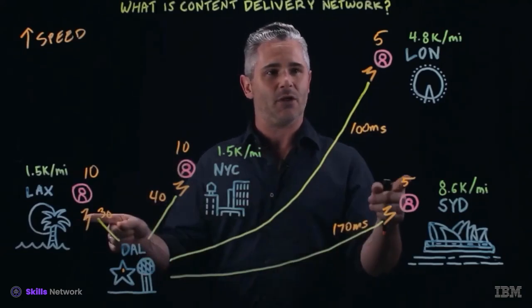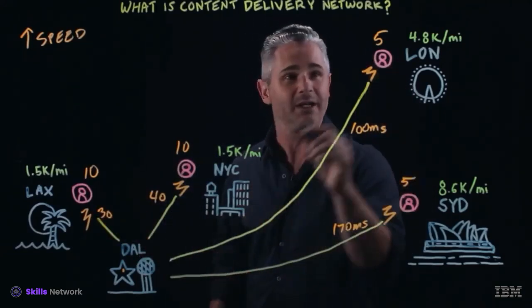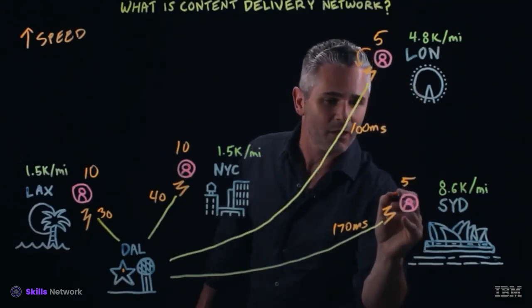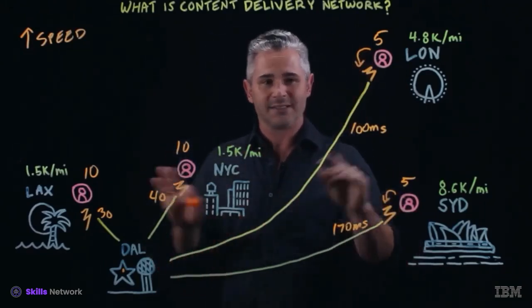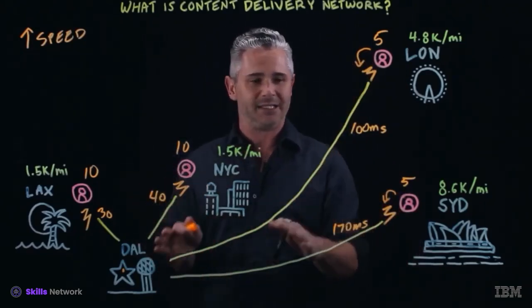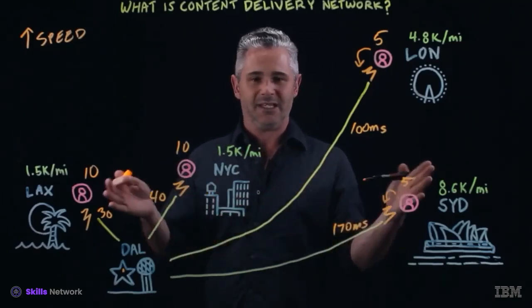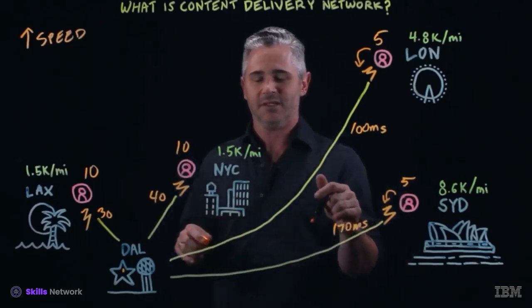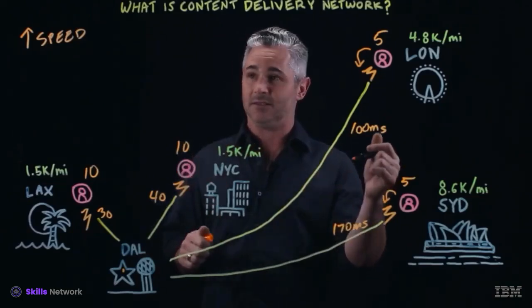It's then distributed all around the world, and our users in London, instead of going all the way to Dallas, are able to retrieve that content directly from their closest geographical location, drastically reducing the amount of time that it takes to retrieve that content. So as you can see, it's very basic how a CDN is able to provide benefits to the end user by reducing the amount of time that it takes to deliver the service.